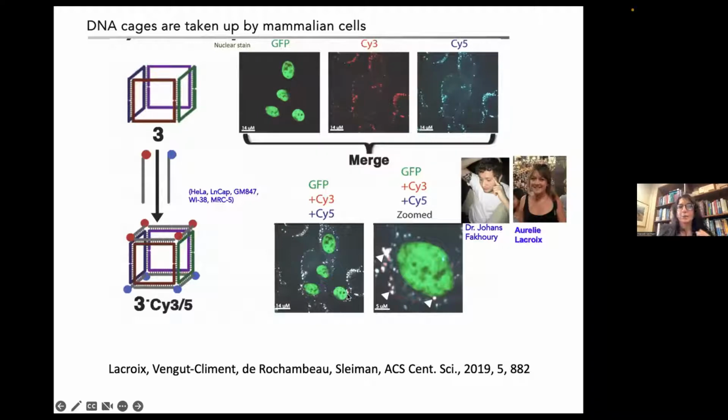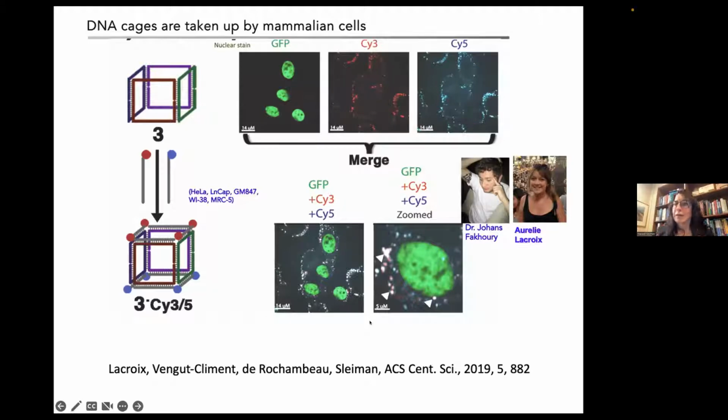One thing that is very important here, and I urge you, if you are ever doing any DNA or RNA delivery into cells and monitoring this by fluorescence microscopy or FACS, read this paper. It is a cautionary tale that shows what control experiments you need to do to make sure that you're not degrading the DNA and observing degradation products.